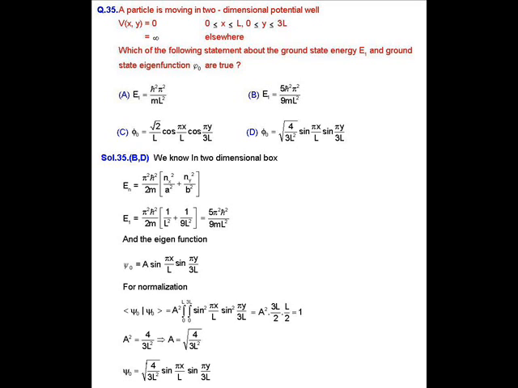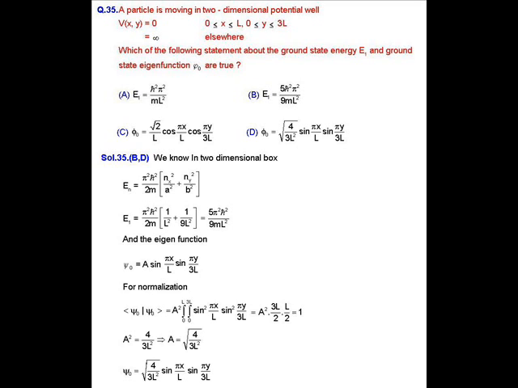Similarly, the ground state eigenfunction psi naught equals A sin nx pi x upon L into sin ny pi y upon 3L, where nx and ny equal 1. So for normalization, the bra-ket product of this wave function should be equal to 1, or psi star psi should be equal to 1.